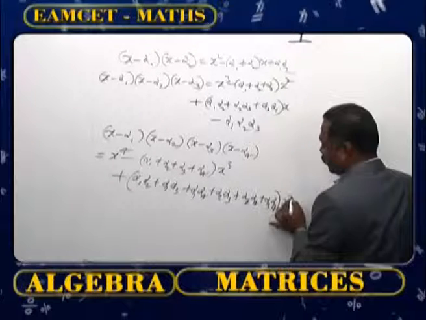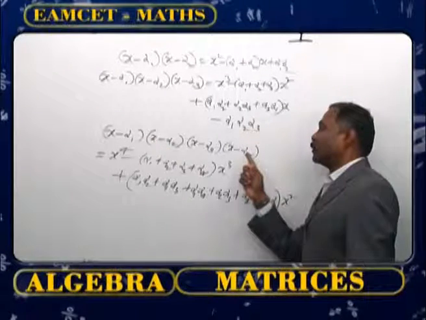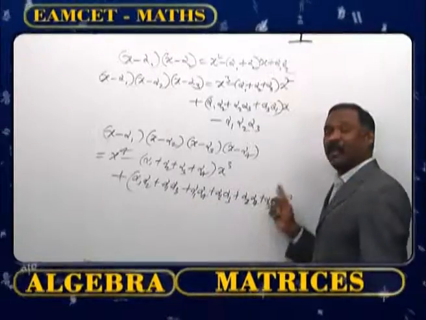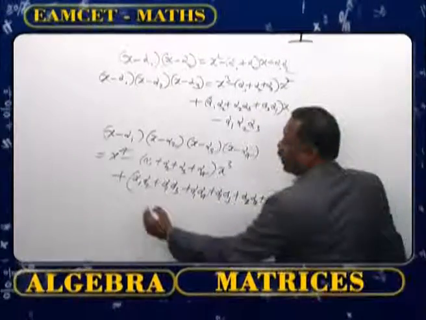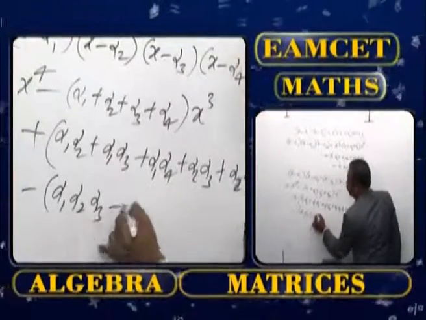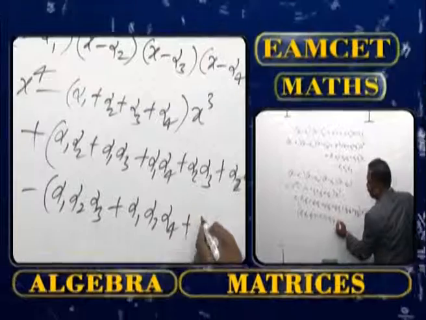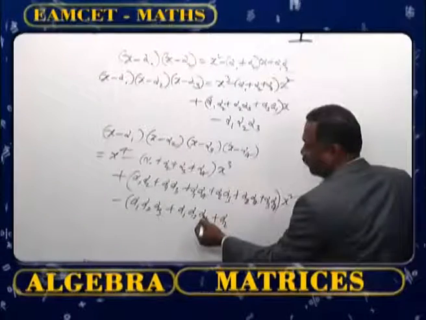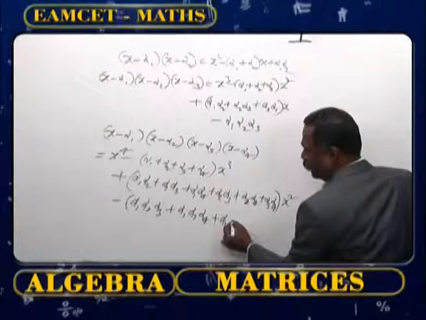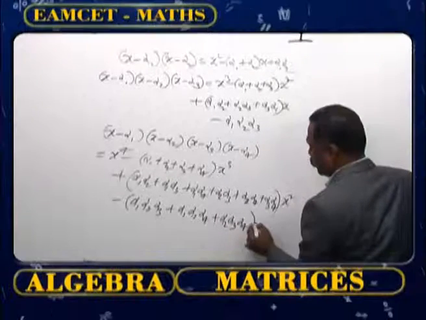What I'm doing here is writing different combinations of alpha 1, alpha 2, alpha 3 by taking two at a time, which will give you the coefficient of x square, and minus of the next by taking three at a time: alpha 1 alpha 2 alpha 3 plus alpha 1 alpha 2 alpha 4, next alpha 1 alpha 3 alpha 4, next alpha 2 alpha 3 alpha 4, into x.